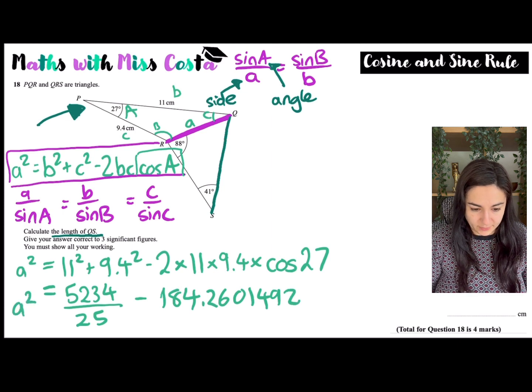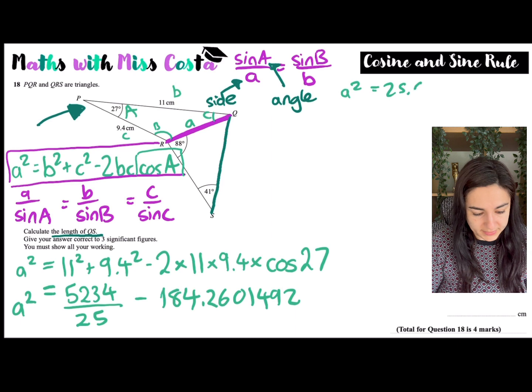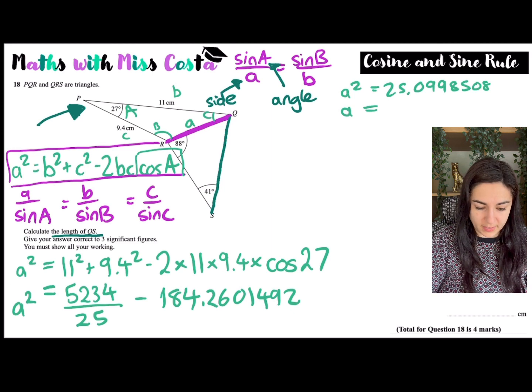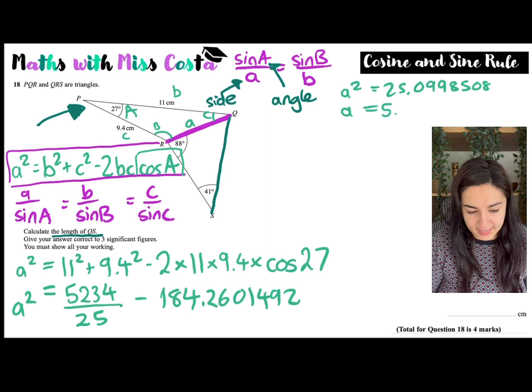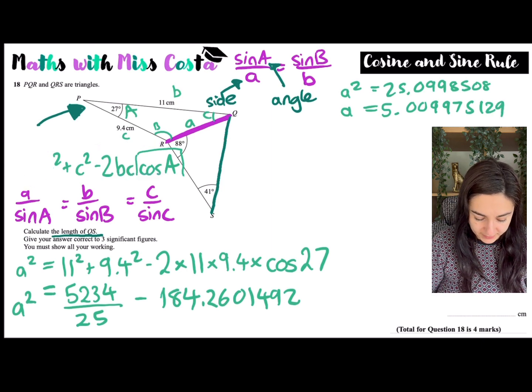So you know that a squared is 209.36 take away your answer, which is a squared equals 25.0998508. Okay, so therefore I can square root that to find the value of a. So a is 5.009975129.